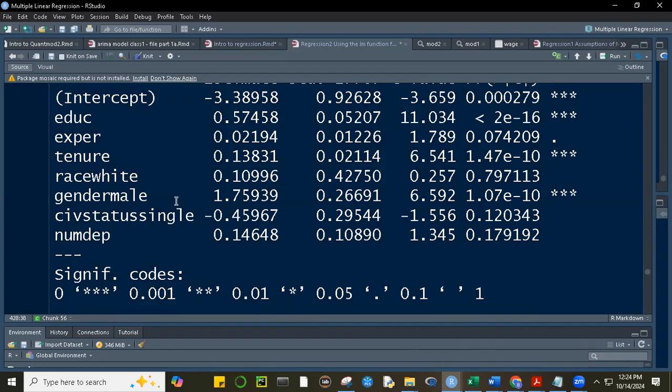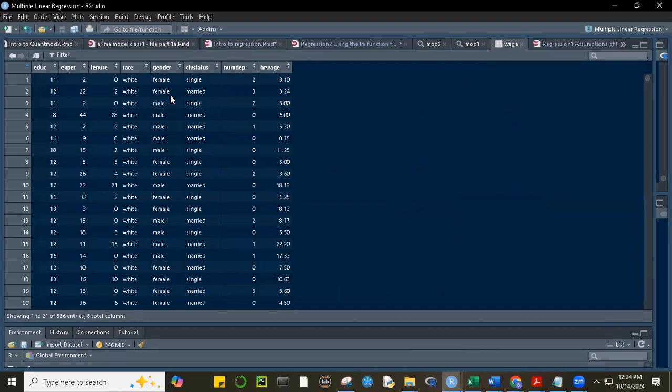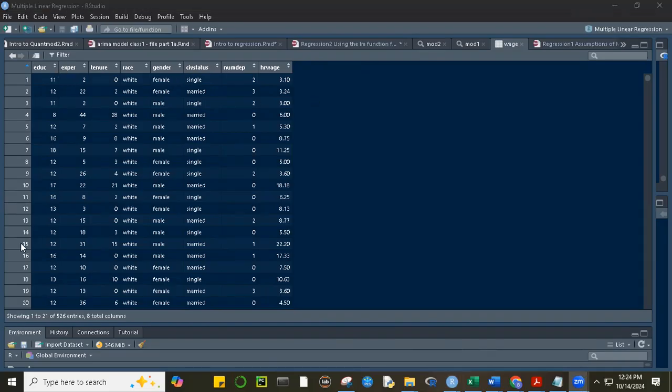So what happened here, class, is that you can see here, technically, since these are categorical variables, what R did was automatically make this what we call dummy variables. So ginawa niyang dummy variables to.